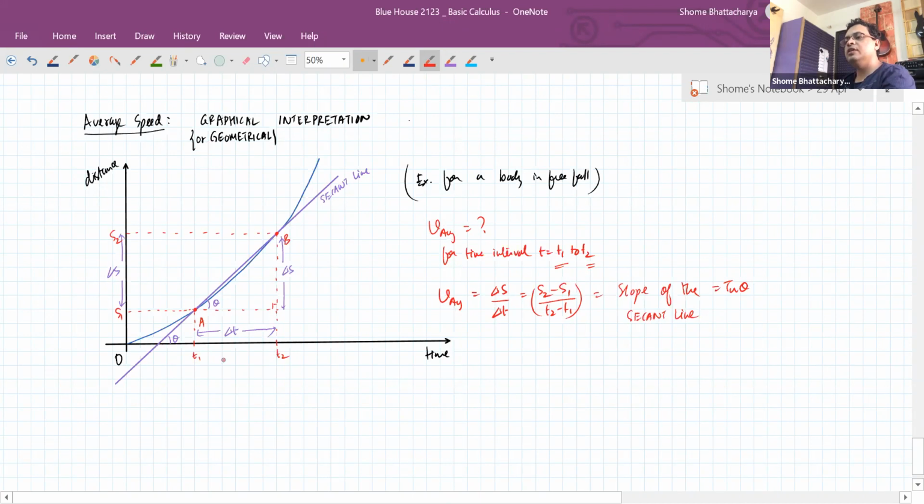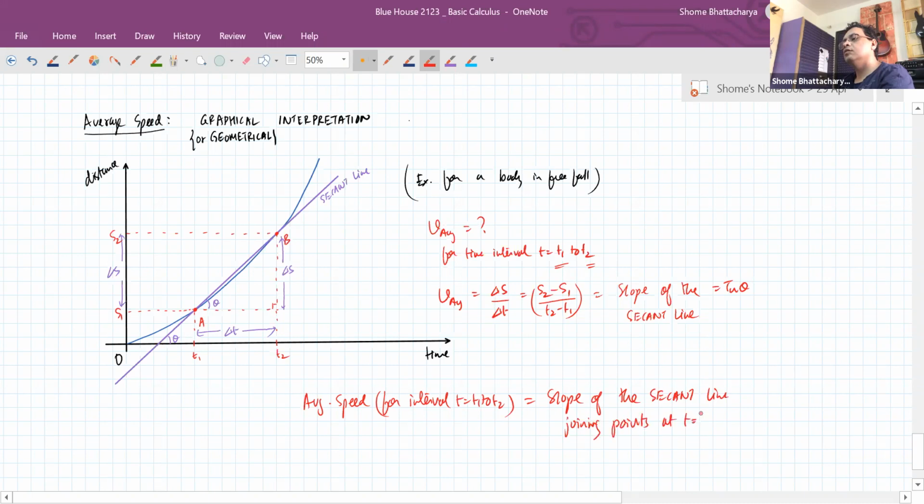So our geometrical definition or our graphical interpretation becomes that average speed for interval t equal to t1 to t2 equals the slope of the secant line joining the points at t equal to t1 and t2.